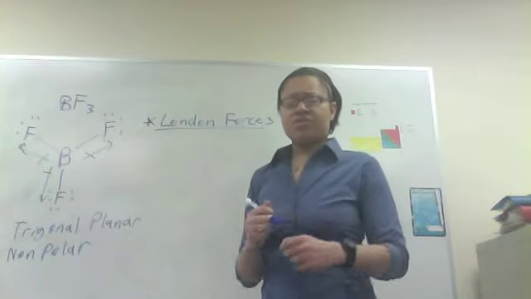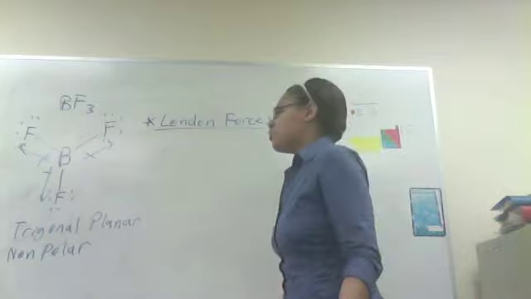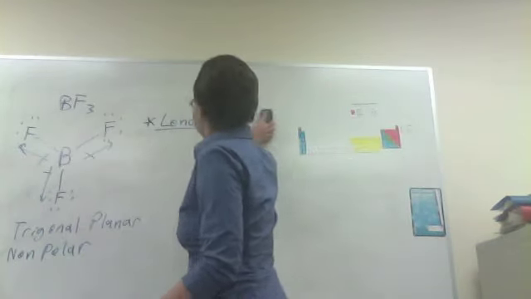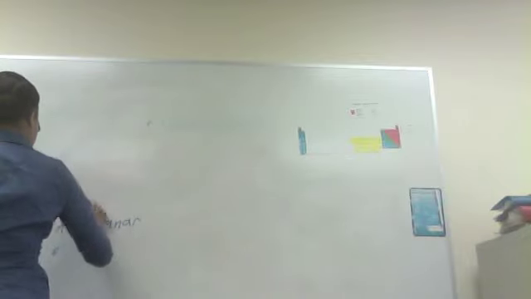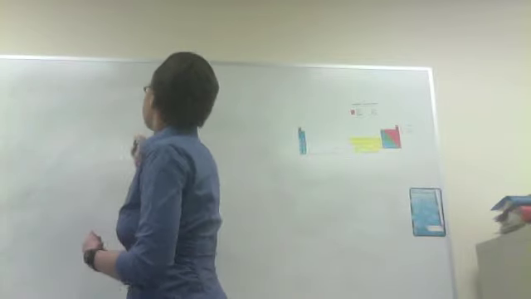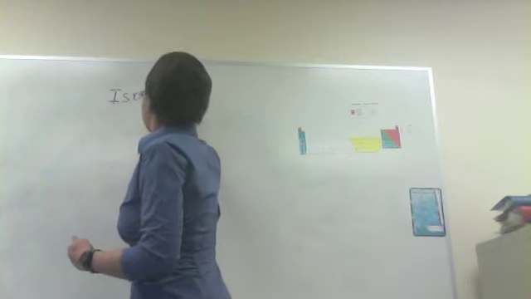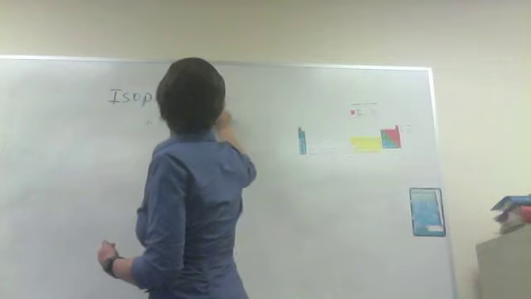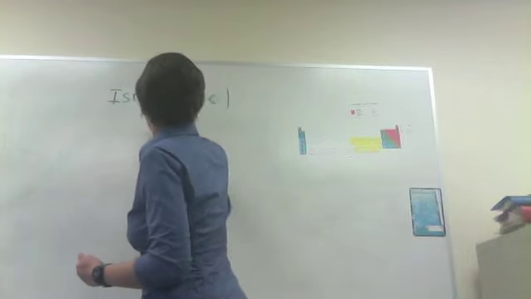Okay, so that's BF3. Our next example here is isopropanol. I will draw a Lewis structure for that. Isopropanol has the following Lewis structure.